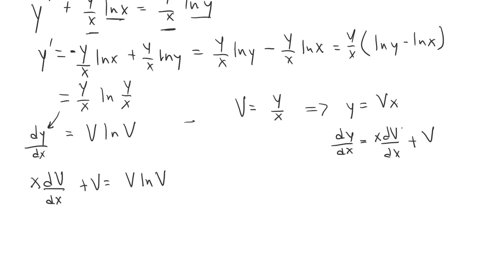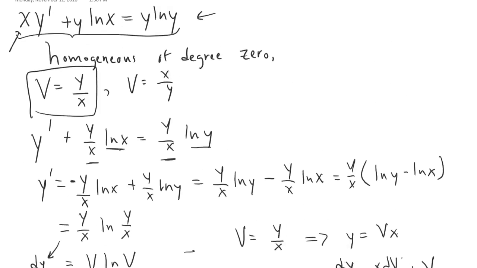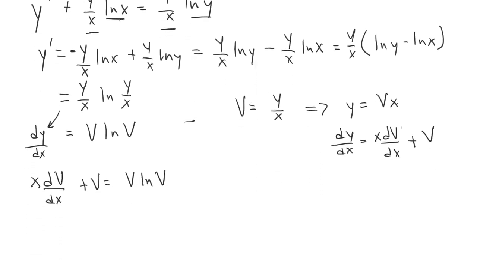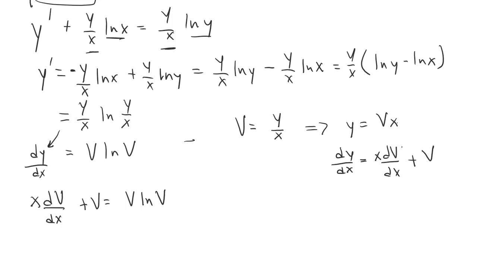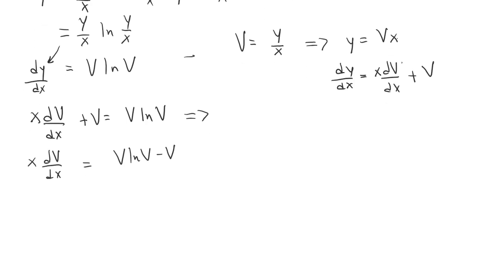What we have here is actually kind of handy, because we've now transformed this kind of hairy function up here at the top into something that is now a separation of variables problem. It may not be a tidy separation of variables, but it is separation of variables. So now I'm just going to do some algebra here. This is going to give me x dv dx equals v ln v minus v, and then x dv equals v ln v minus v dx.